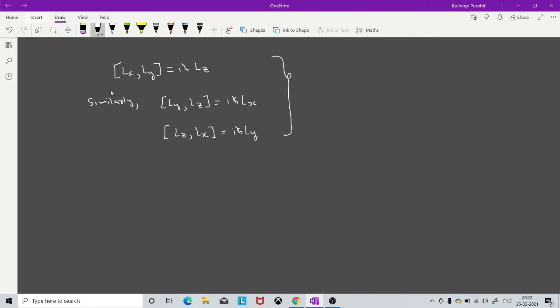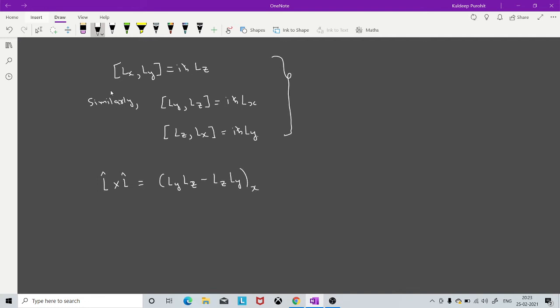Now, a very interesting feature I want to show you. Suppose I take the cross product of the L operator with the L operator. What will I get? The first term will be Ly into Lz minus Lz into Ly.